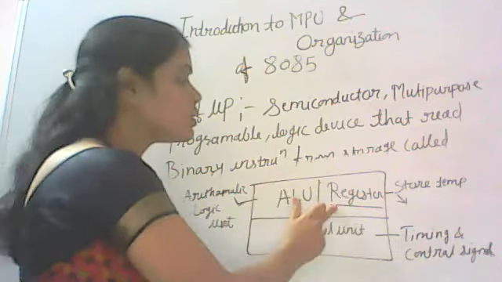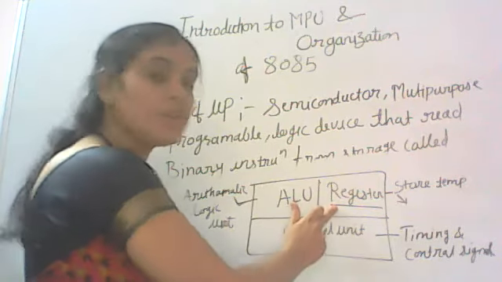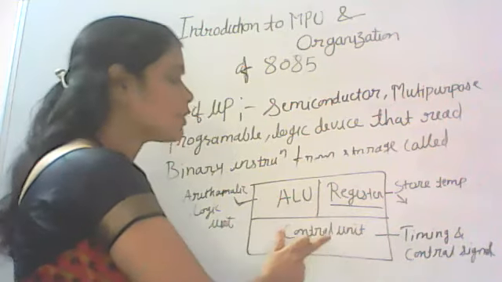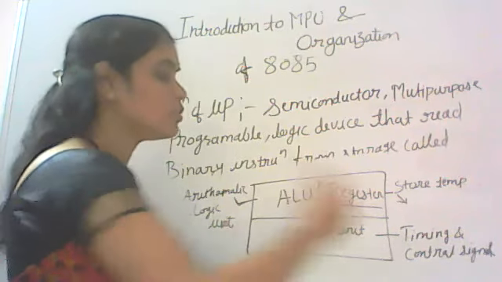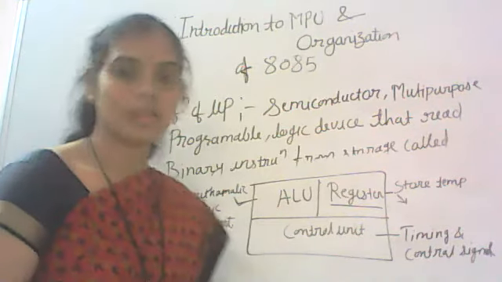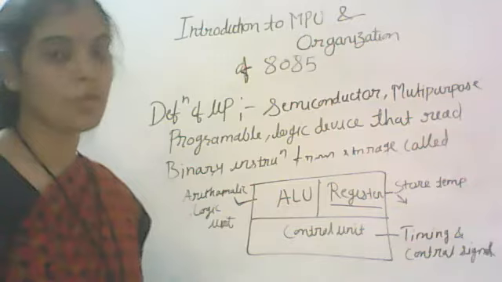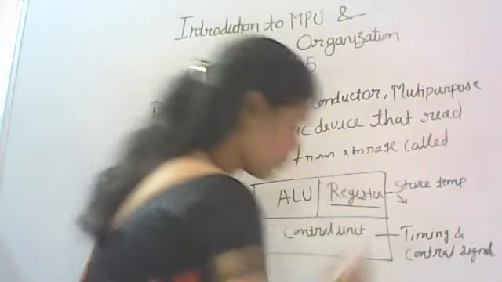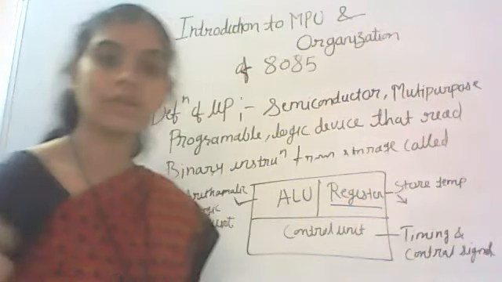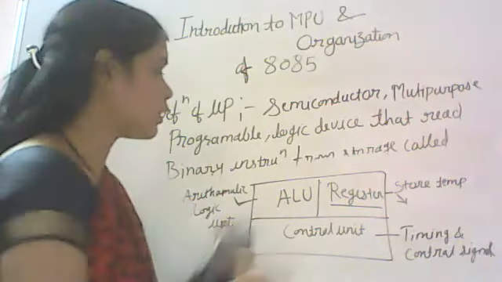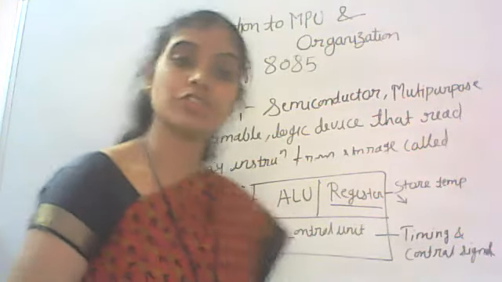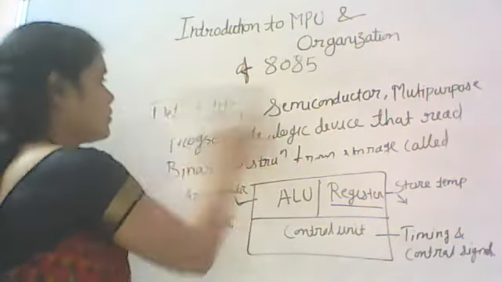Register डाटा को temporary स्टोर करता है at the time of execution. And control unit का यूज क्या है, control unit sends the timing and control signal to the whole circuitry or whole system. Whole system को timing and control signals को provide करता है control unit.